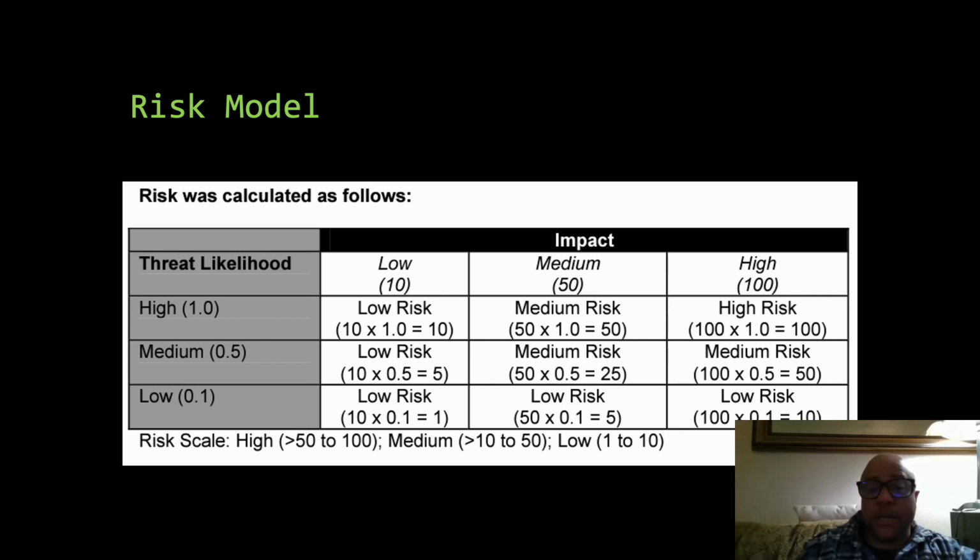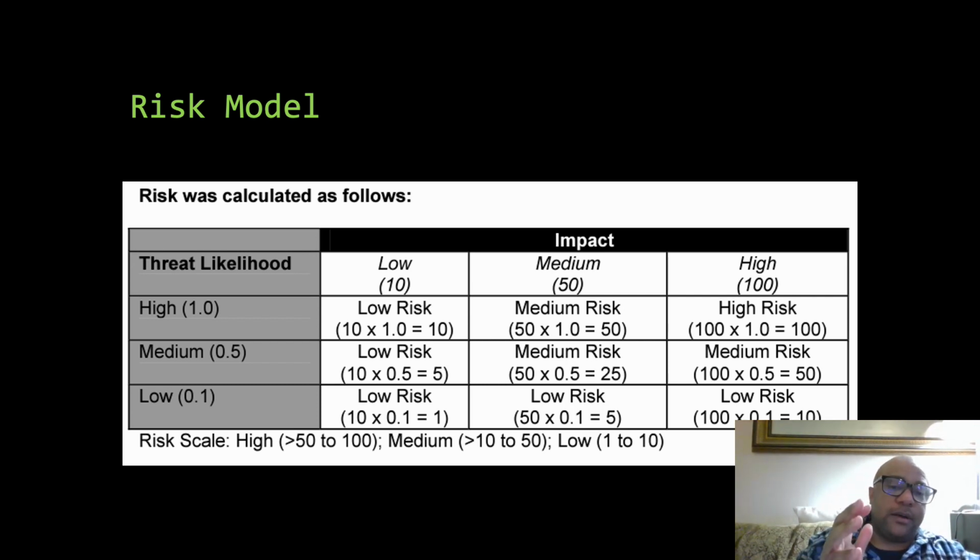Using those calculations, take the low column, for example. We determine this is a low risk: you take the score of 10 times, even if it's a high likelihood, 1.0, equals 10. And you do the same with medium and low as well. And that's how you get those lower numbers.